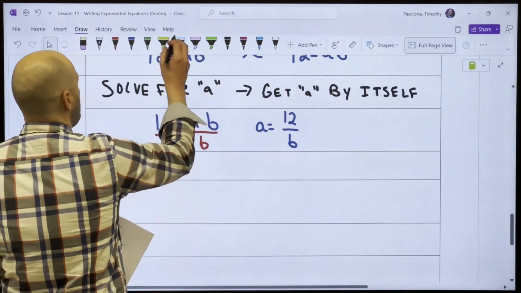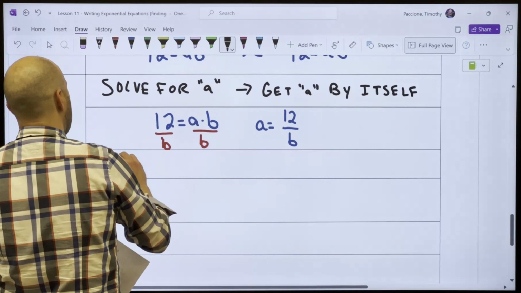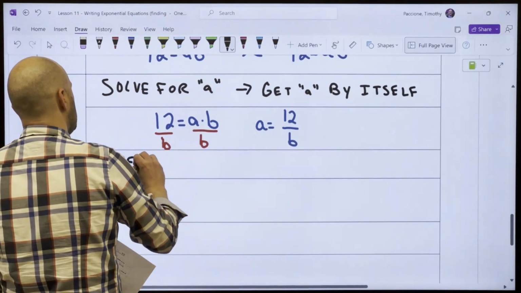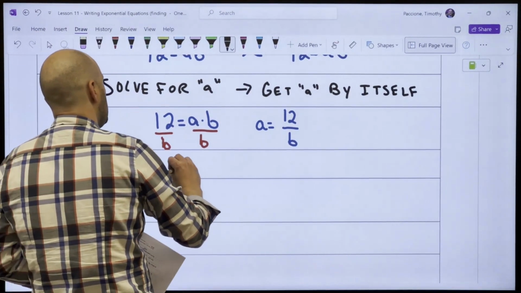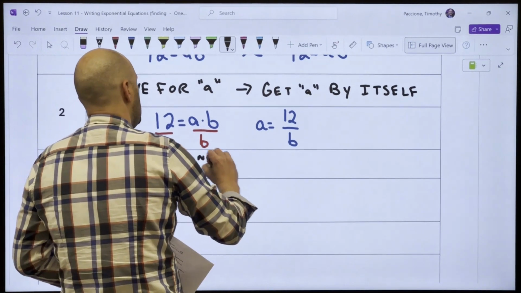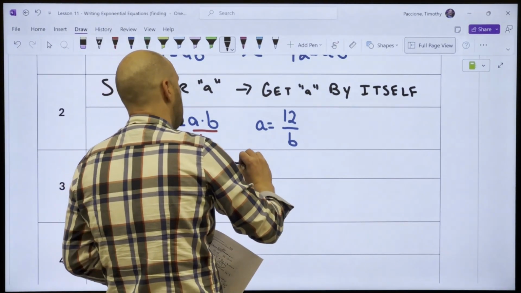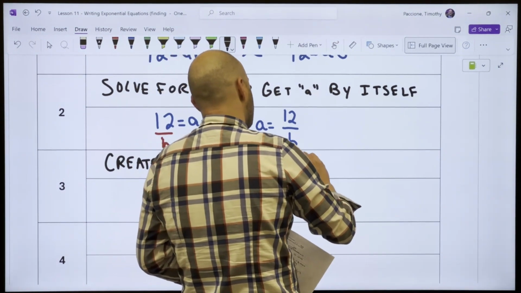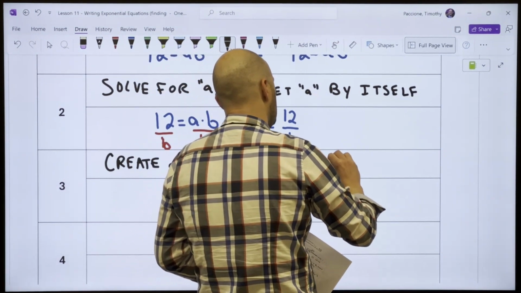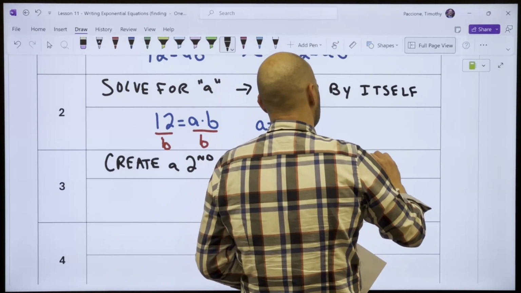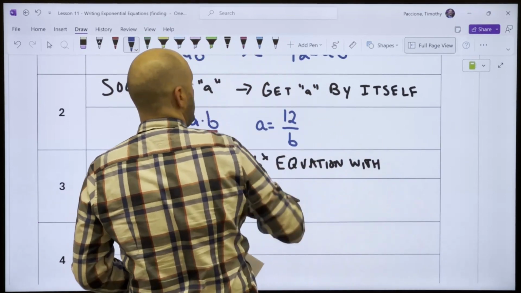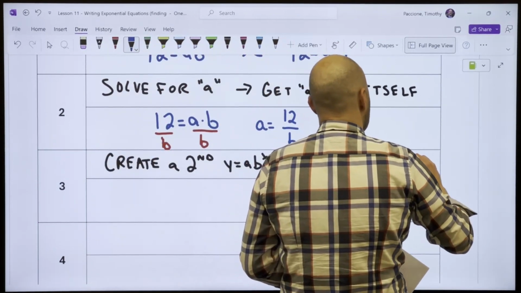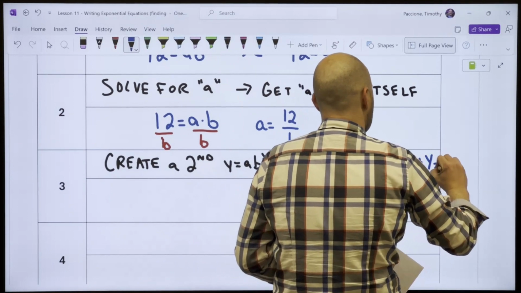Step 3 is create a second y equals ab to the x equation with, what's the piece of information we haven't used yet? x2 and y2.